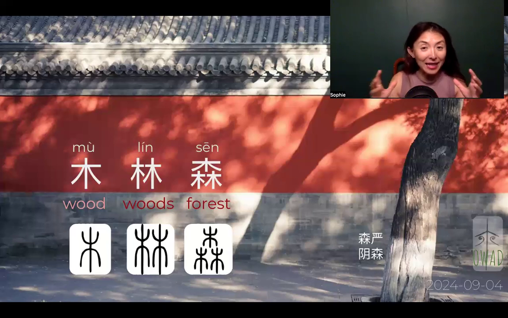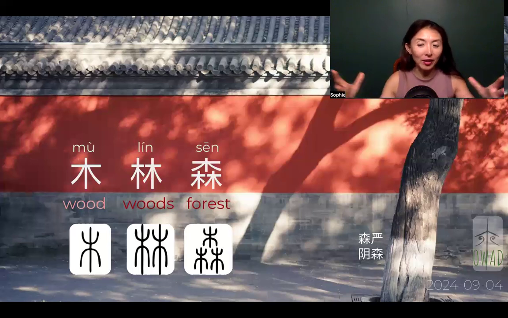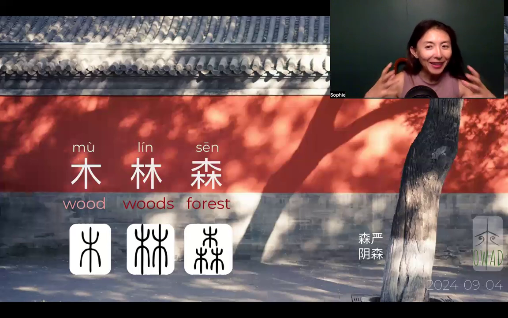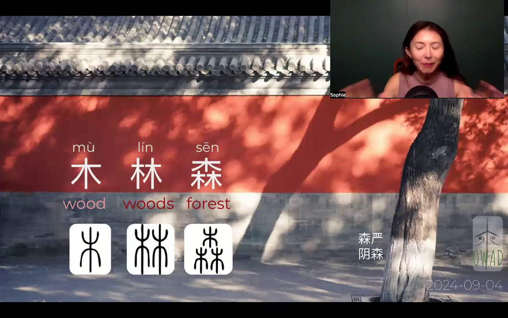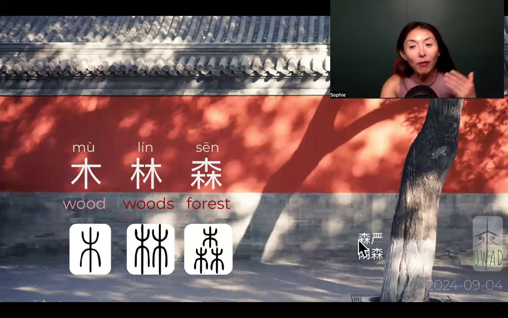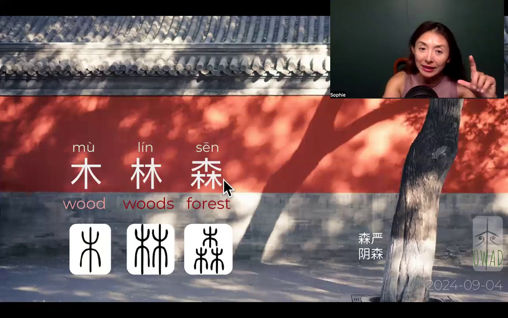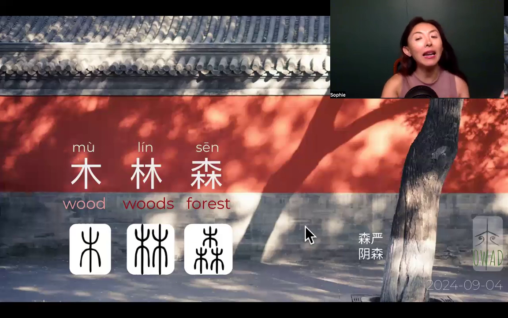So if it's sen yan, that means you have a high density of observing points. So somebody would have a harder time finding a loophole to escape from this watched zone. So picture a prison, I guess. We often pair sen yan to mean somewhere is highly watched or guarded. And we use the forest, this sen character, to show the density of surveillance over there.